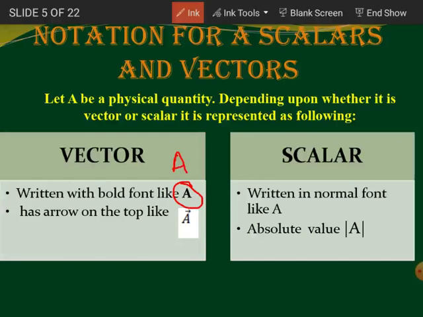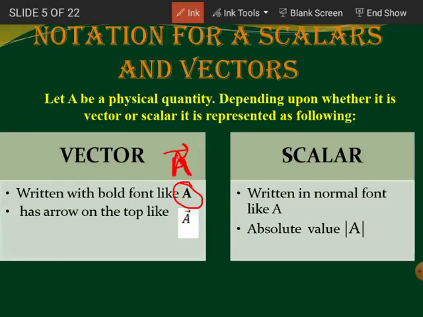But a vector quantity will be represented by a letter, and we have to put an arrow above it while writing, because a vector quantity can be represented by a bold letter if it is typed, or if it is on the computer. But we can't make it bold by hand; it will take a long time.